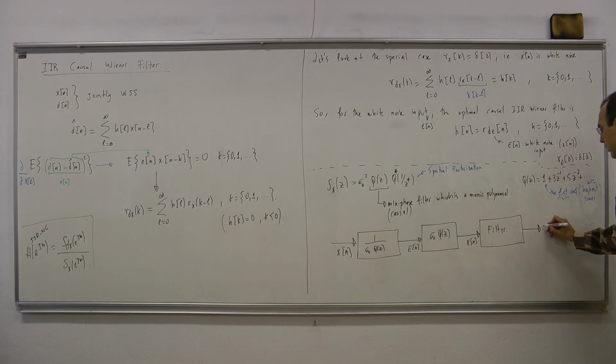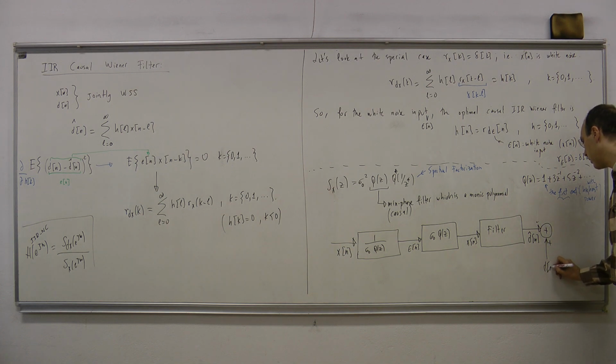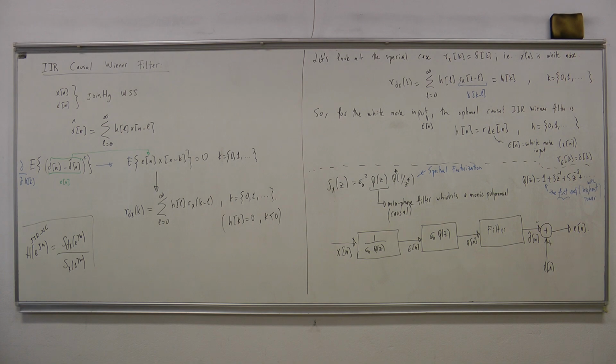So what is our task? Given this is d hat of n, this is my estimator. So this is plus, this is minus, there is d of n. So this is e of n, isn't it? So this is our setup. Desired process, n sample, estimator, and so on.